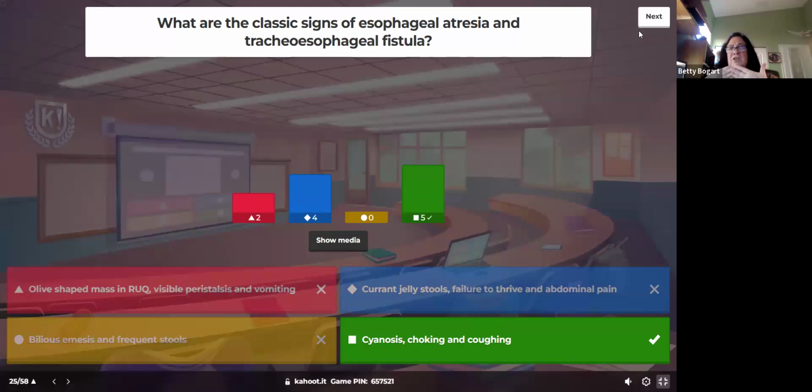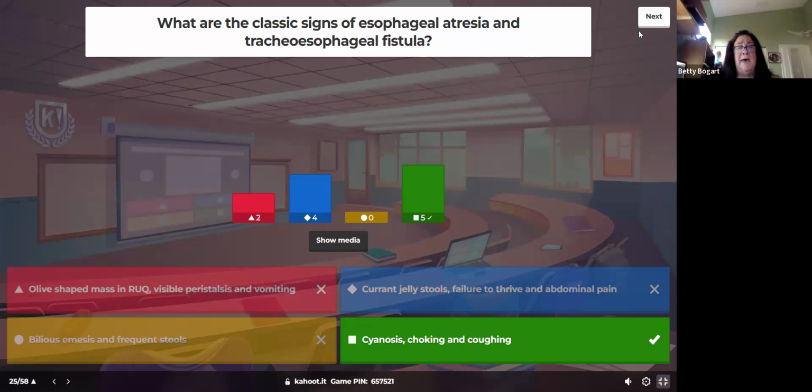Esophageal atresia, there's no connection to the stomach. So we've got fluid coming up. Tracheoesophageal fistula, I've got my mucus or whatever going across my esophagus into the trachea and my lungs. And I'm coughing, I'm gagging, I'm choking, and I'm turning blue. That's what the answer is.